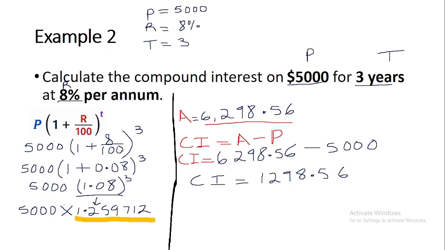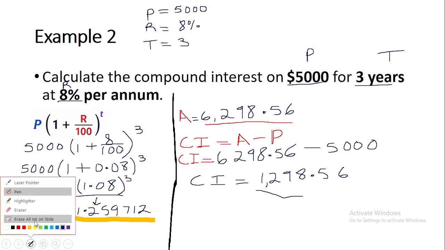So this figure right here is going to be our compound interest after 3 years of gaining 8% per annum. So after finding the compound interest on 5,000 for 3 years at 8% per annum, compounding annually, this will be my compound interest. So let's move on.